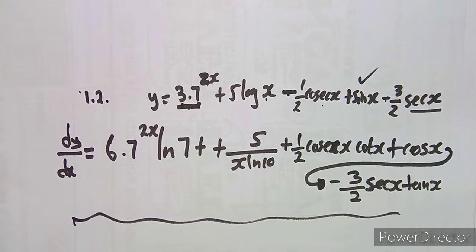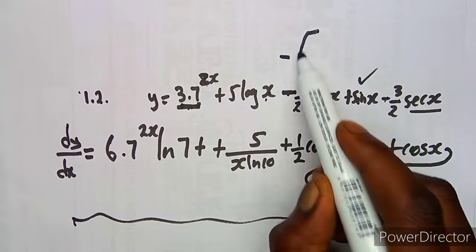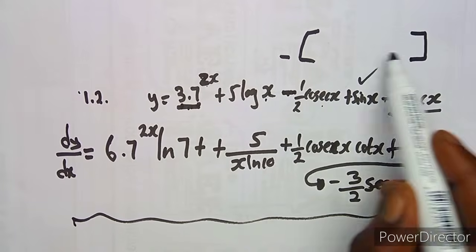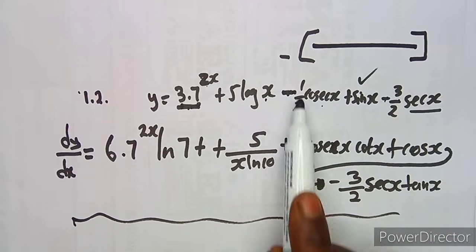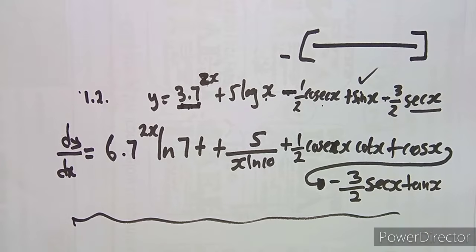The minus there is the one that affected all the signs, because this minus was affecting the whole trig. So that is why you have to multiply everything that you obtained by a minus. So take note about that. If we don't multiply by that minus, it means it has no effect, but that minus has got an effect which is supposed to be applied properly.